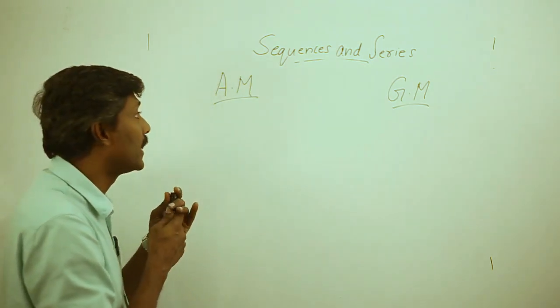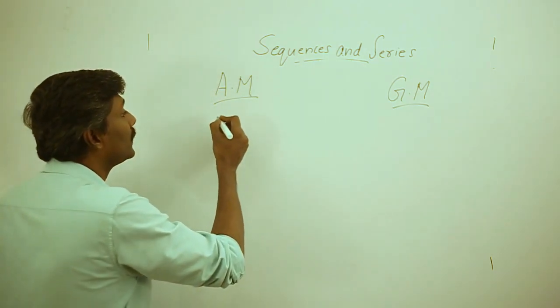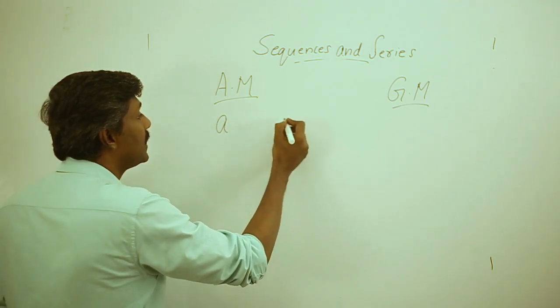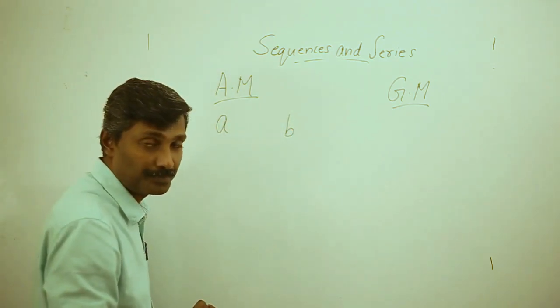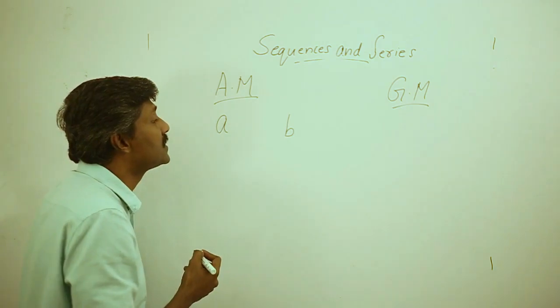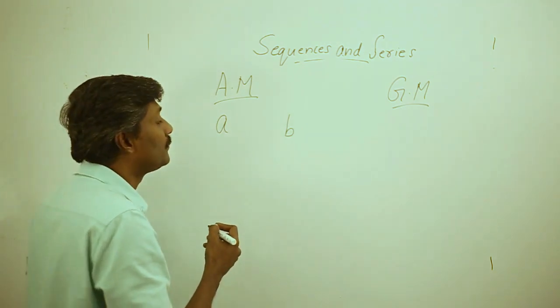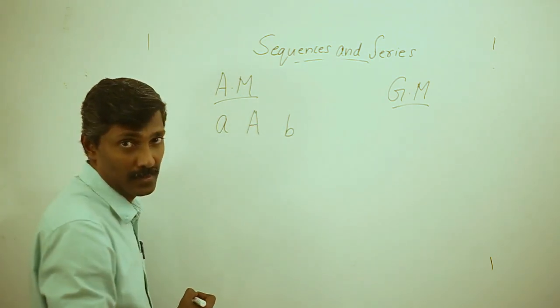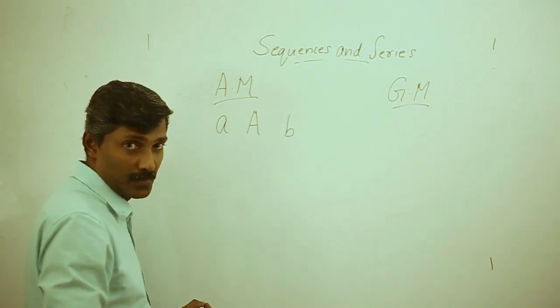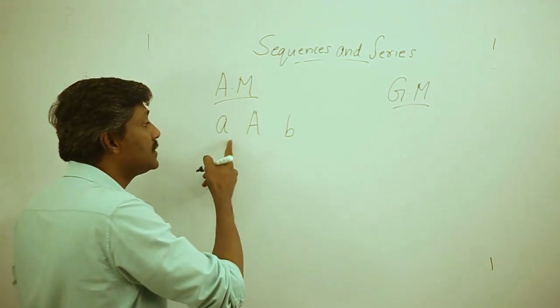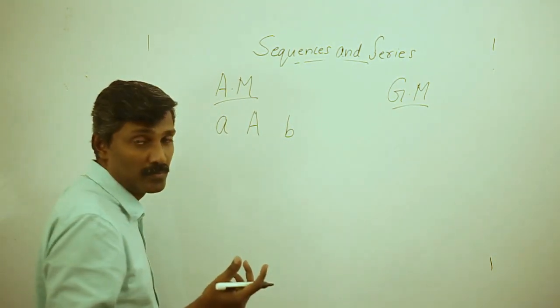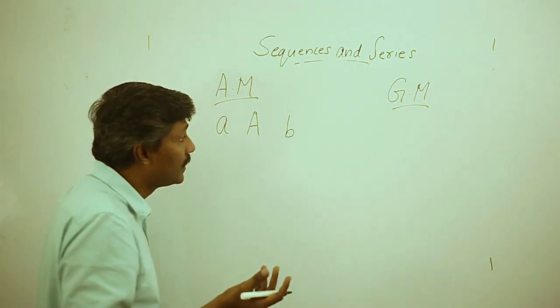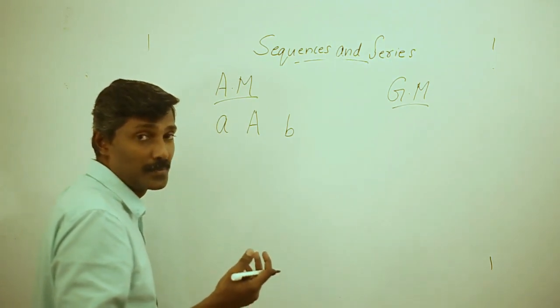What do you mean by AM? Arithmetic mean means if you have two numbers a and b, and suppose you have a number, say capital A, in between a and b, such that these three numbers form an AP, an arithmetic progression.